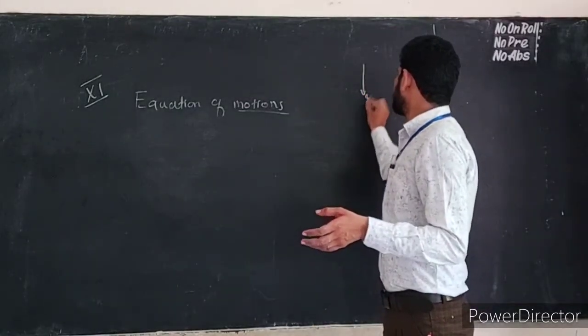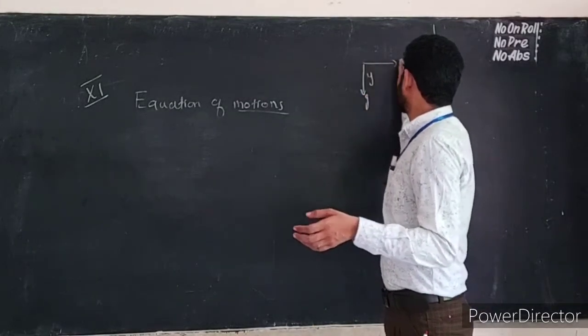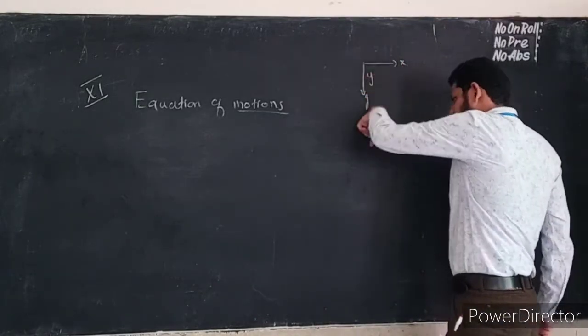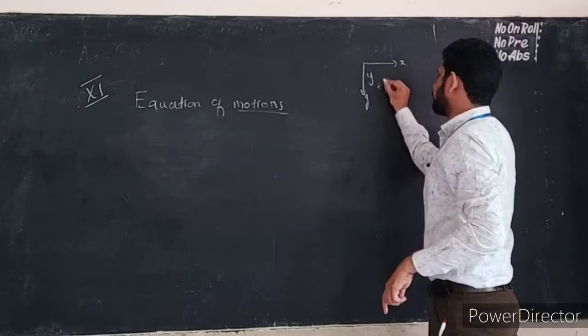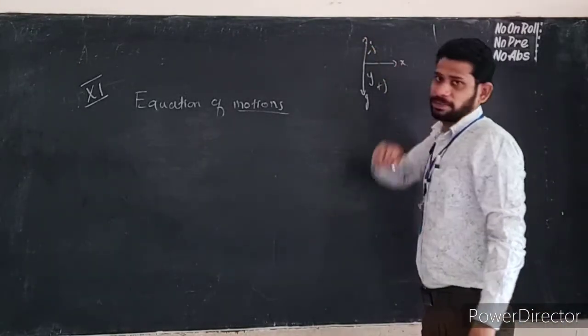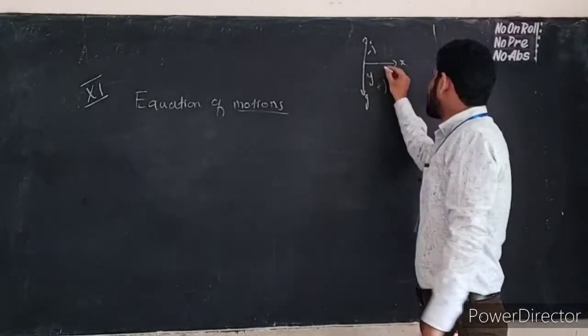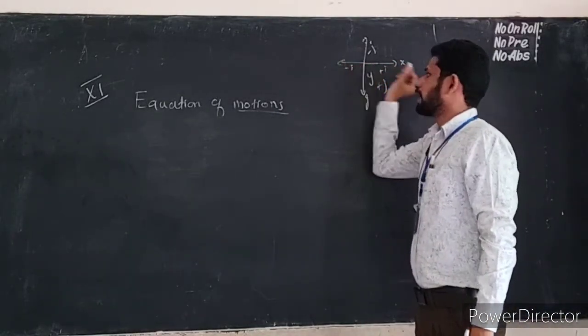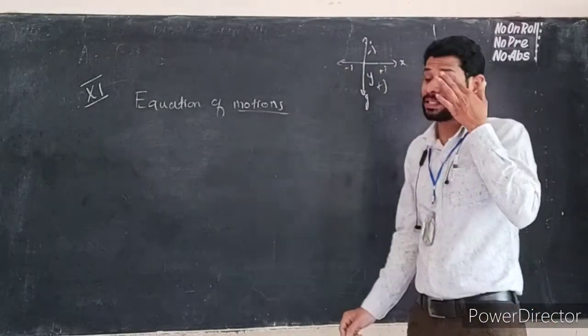The gravity is acting along the y-axis. When it goes under gravity, you can take it as positive j. When it goes against gravity, you have to take negative j. When it goes in the positive x direction, take positive i, and otherwise minus i vector. This is the basis.